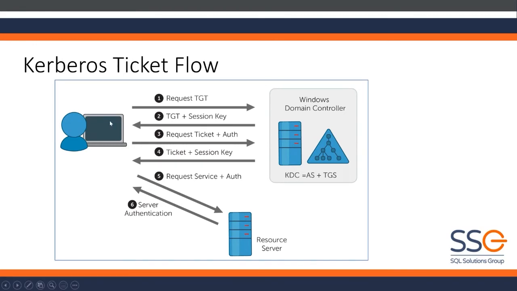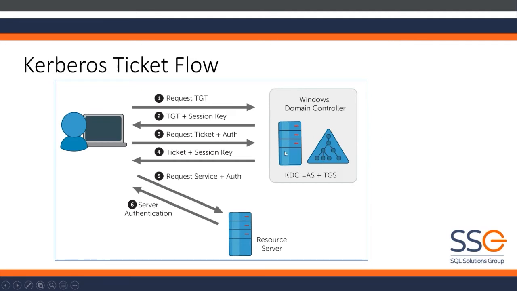And when they want to access a resource, whether that's a file share, Exchange email, SQL Server, RDP to a server, whatever it is that you're doing in Active Directory, you're going to send that TGT and request a ticket to that service.